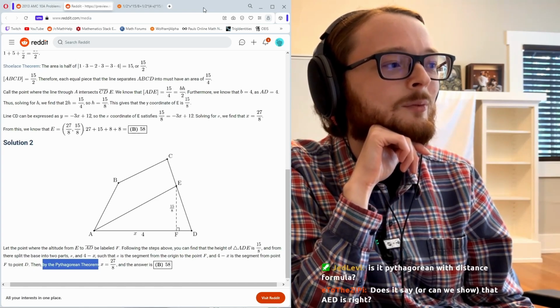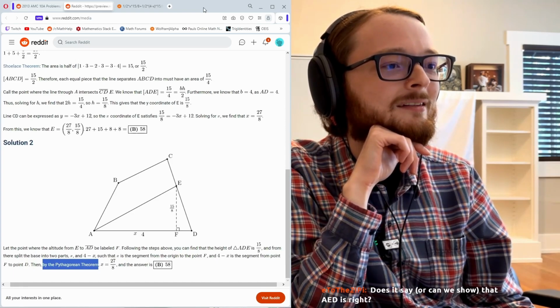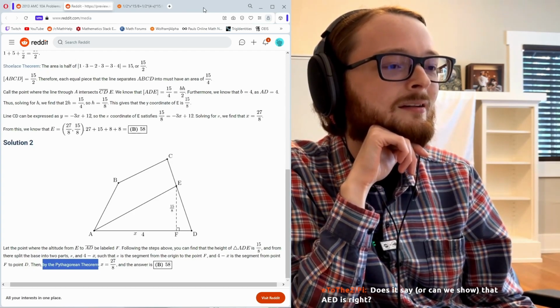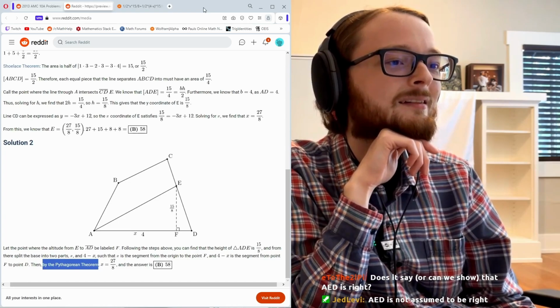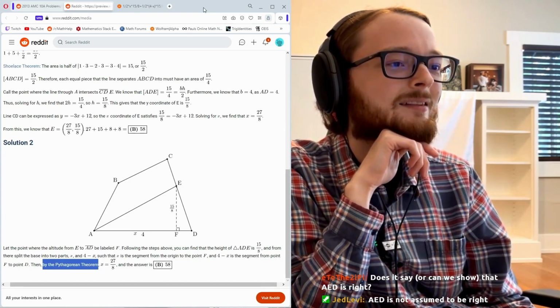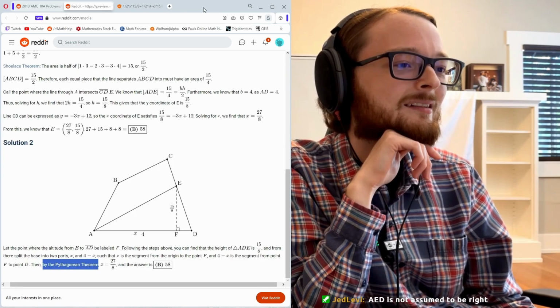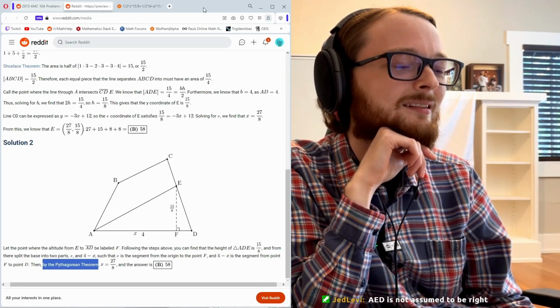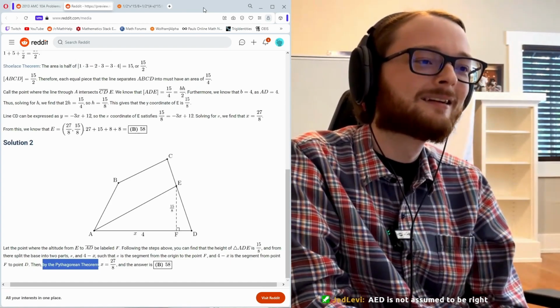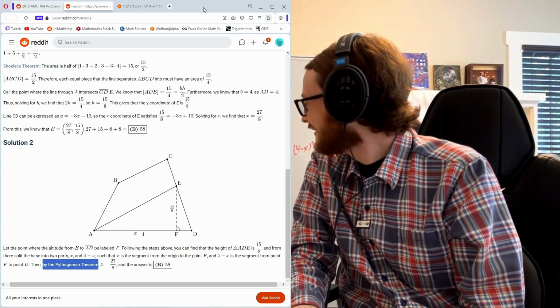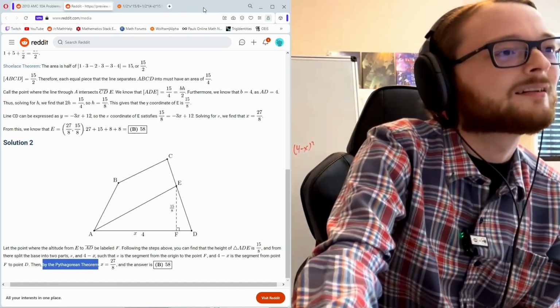Does it say, or can we show that AED is right? I don't think we know that AED is right. I don't see an easy way to show that. Man, this feels like it should be a simple question.